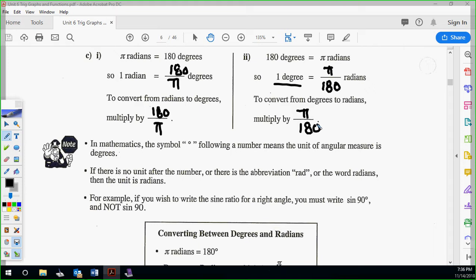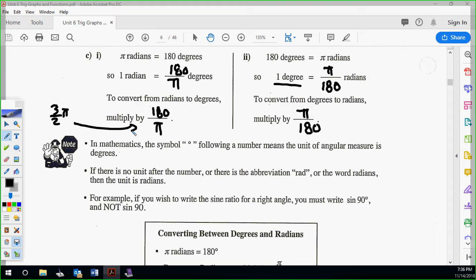What I kind of point out to people is that radians is in terms of pi, right? So if I'm going from radians to degrees, let's say you have 3/2 pi. If I multiply that over here, the pi's will cancel. If the pi's cancel, you get a degree measure. Now over here, if you weren't sure what to do, we're going degrees to radians, so we expect a pi to stay in here.